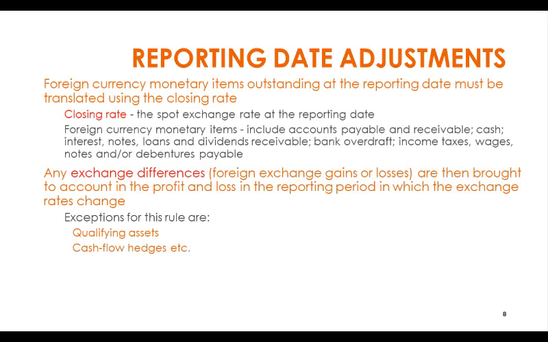With regards to reporting date adjustment, foreign currency monetary items outstanding at the reporting date must be translated using the closing rate. Of course, the closing rate is the spot rate at the reporting date.